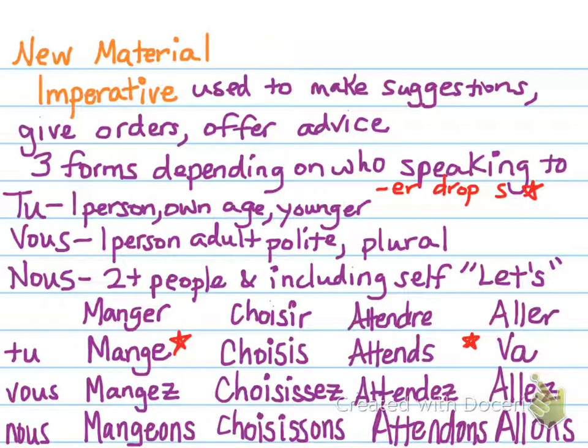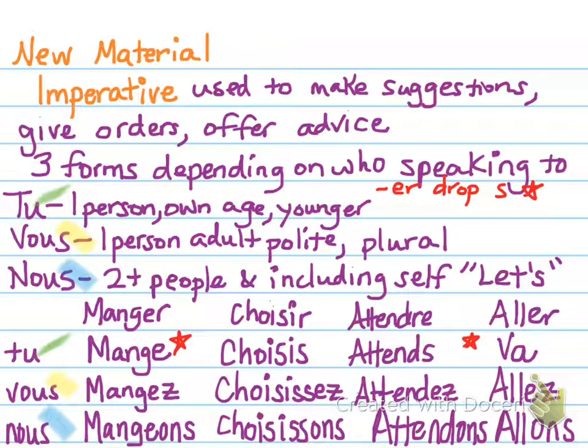Are we talking to one person our own age or younger? Then we're going to use that tu form. Are we talking to an adult, or to a group of people? Then we're going to use that vous form. And if we are including ourselves in something and talking to a group, then we would use that nous form.